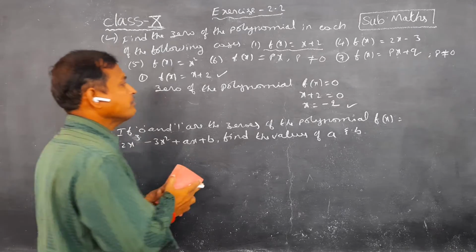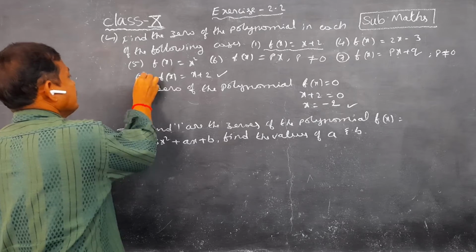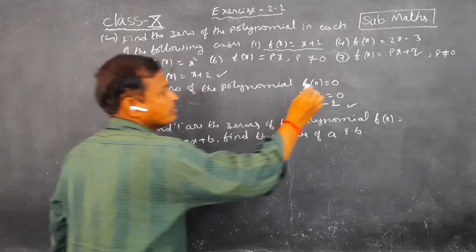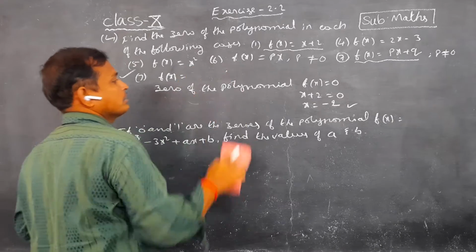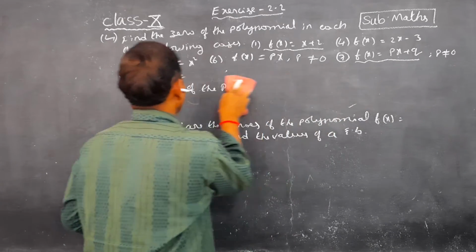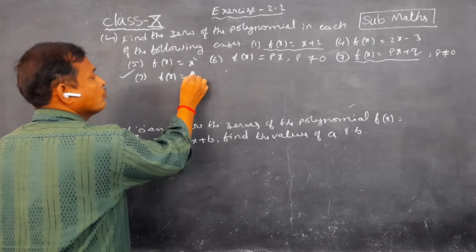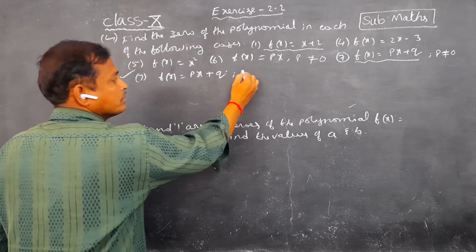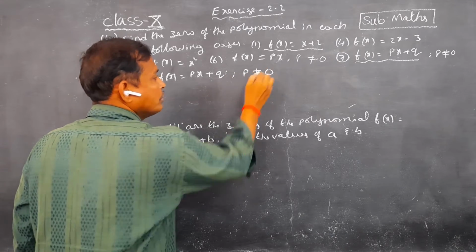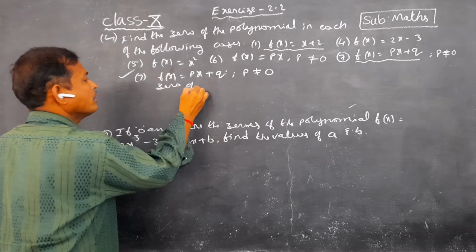Next again, this is a very important sum, the seventh sum. Seventh sum: f of x is equal to px plus q, where p is not equal to 0. Okay children? So what about the zero of the polynomial?